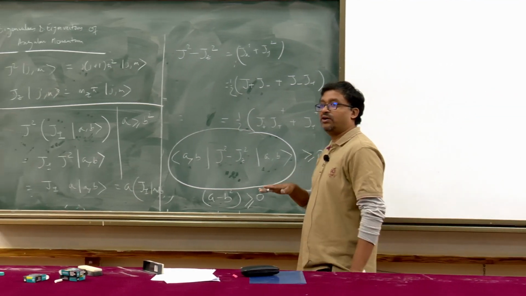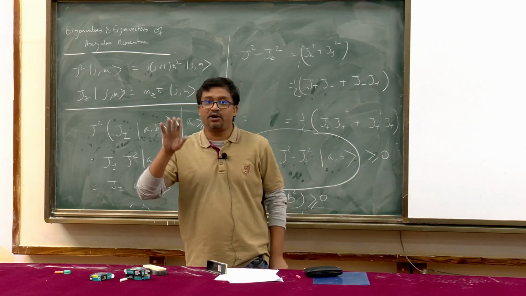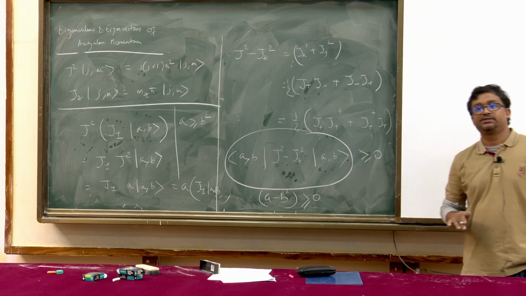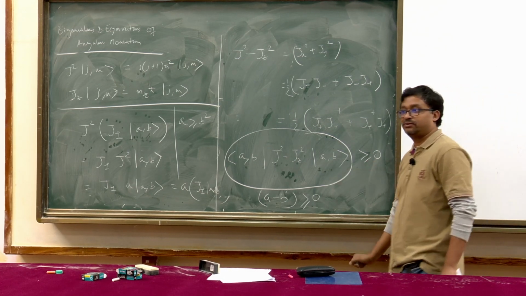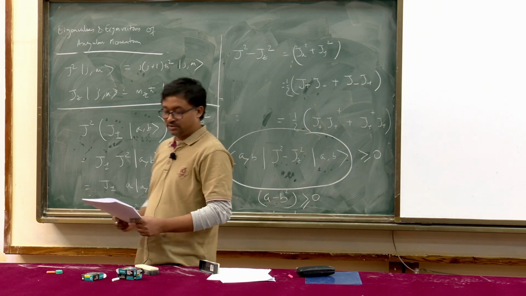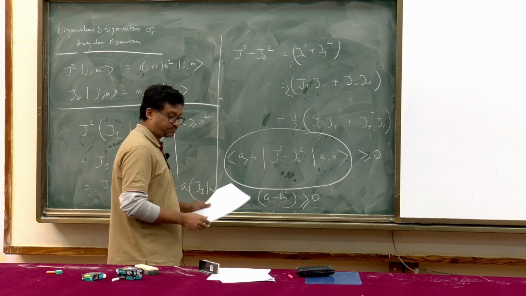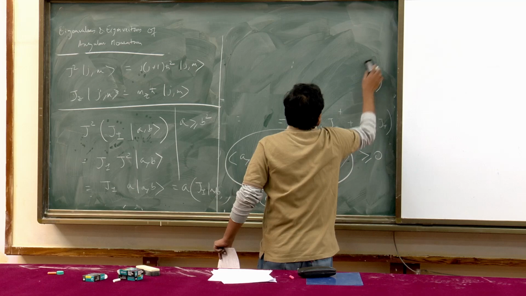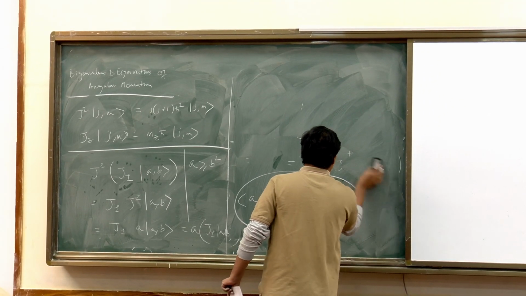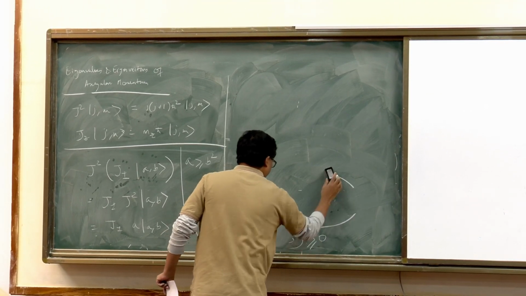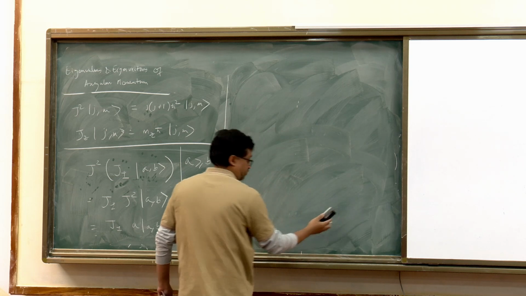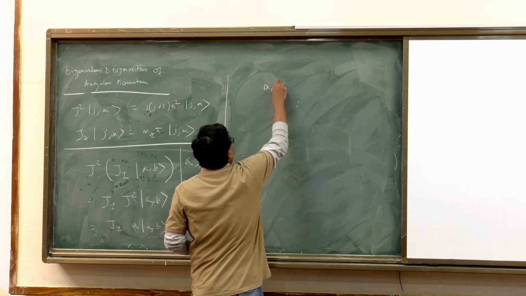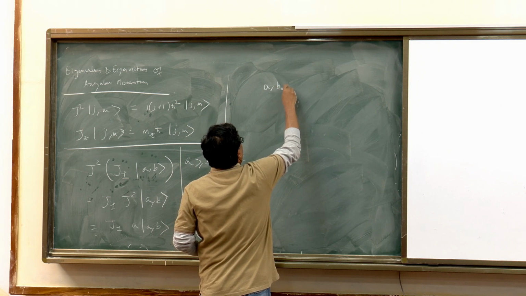If you keep on going down the ladder or keep on going up the ladder, you will hit A or minus A. That is what it tells you. Now, let us start with this state B max.